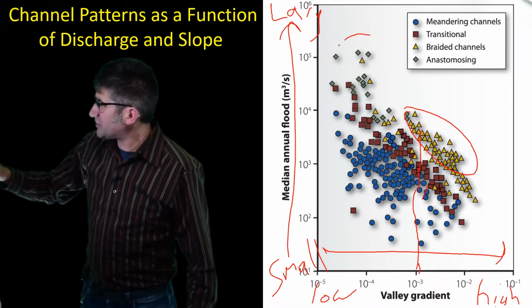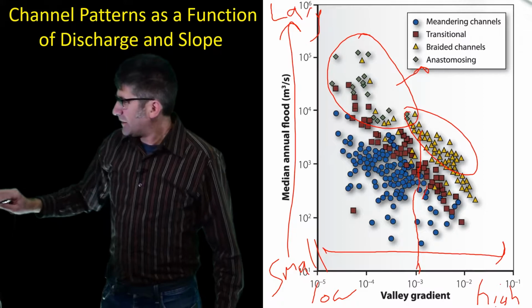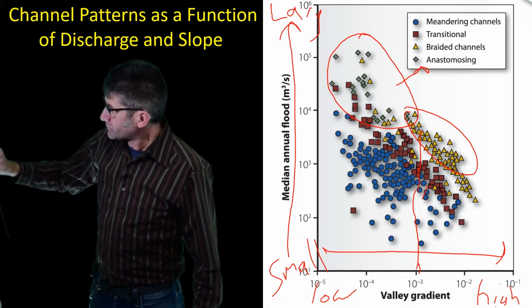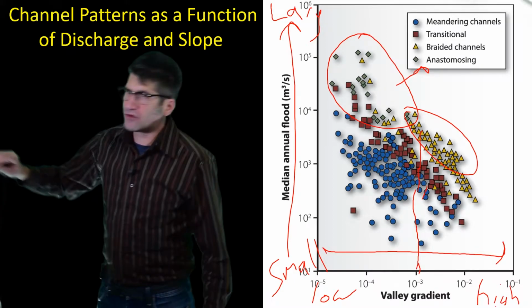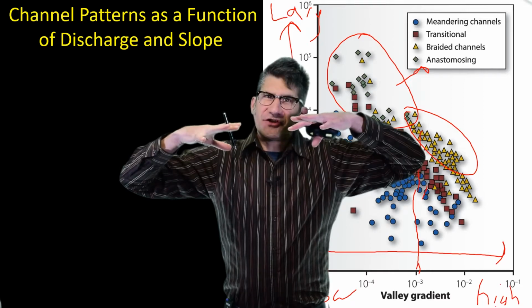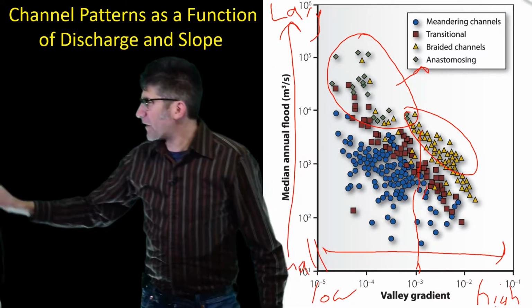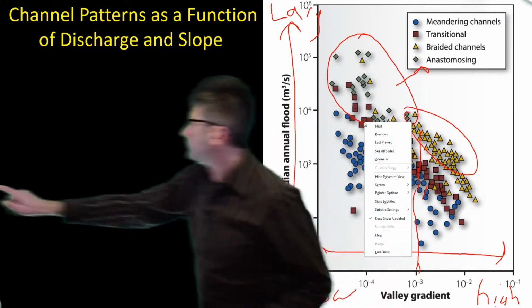Also notice that we generally see our anastomosing channels at the highest flood discharges and the lowest gradient. So again, think about that. We've got high discharges, so we've got lots of sediment supply, but we've got relatively low, well, here, let me point over here now.